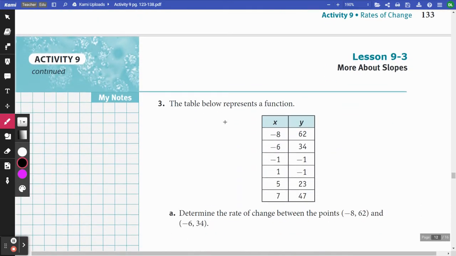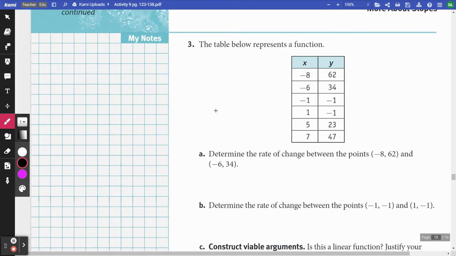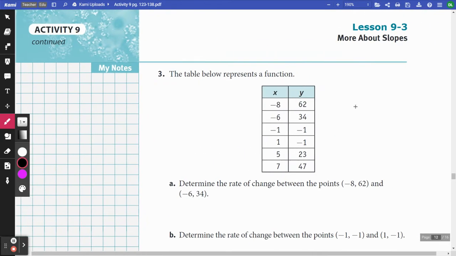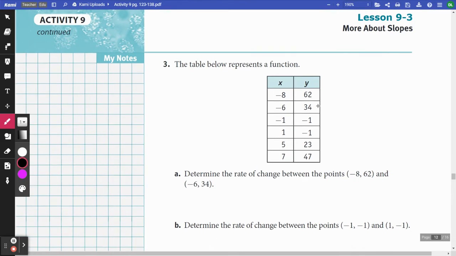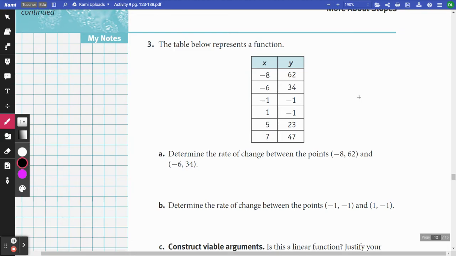The table below represents a function. Determine the rate of change between (-8, 62) and (-6, 34). I'm going to say this is x1, y1, and this is x2, y2.